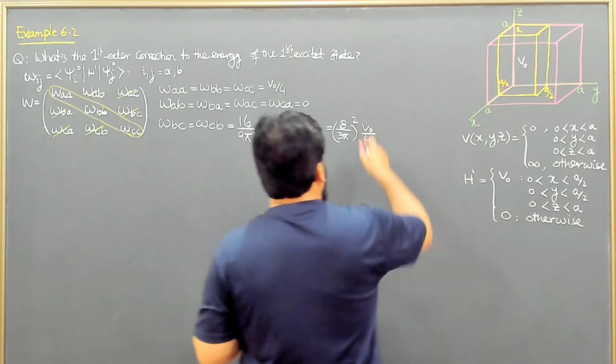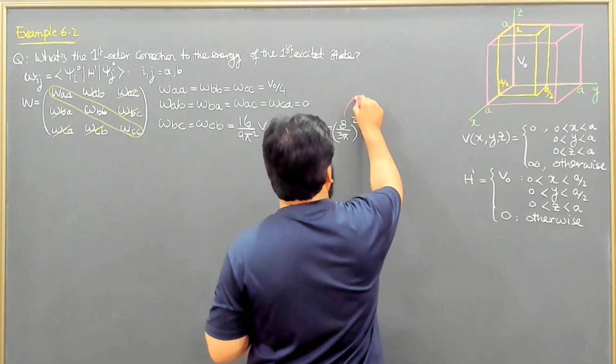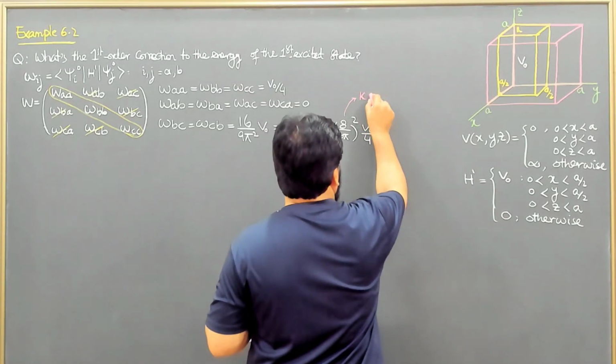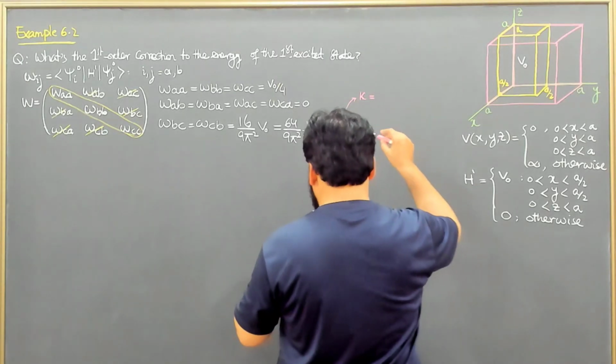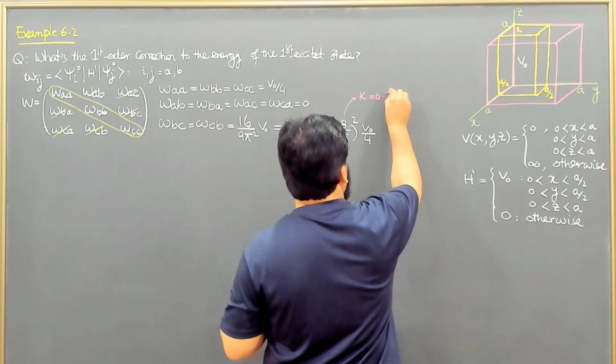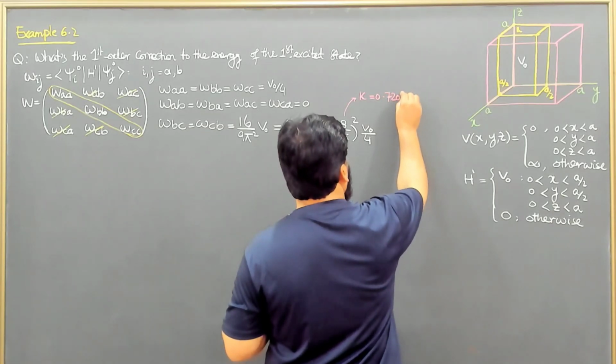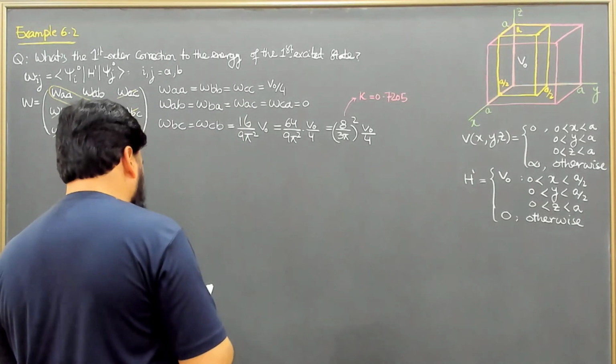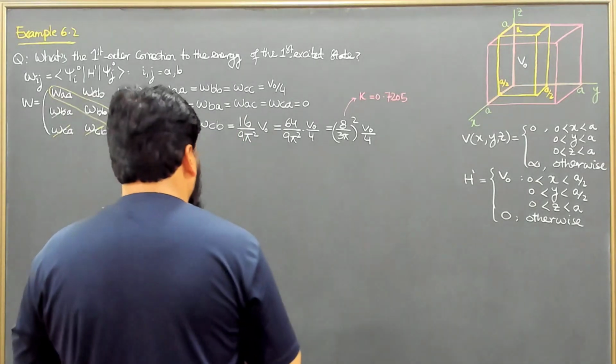And this 8 over 3 pi whole squared I suppose is k or kappa, and this comes out to be equal to 0.7205. So it's just a value. I'm just representing it because I can't write this value again and again.